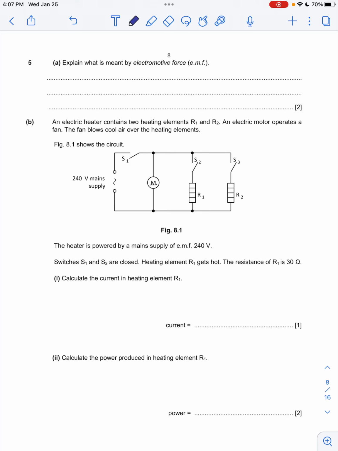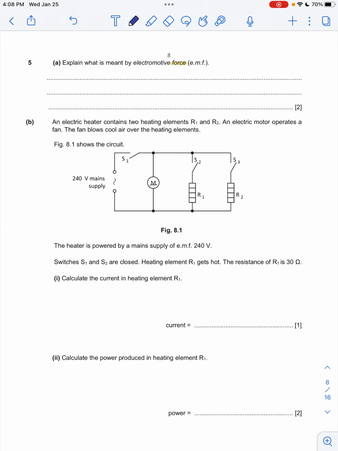Question 5 is all about electricity and circuits and understanding different elements and properties of circuits, starting with what is meant by the electromotive force. The most important thing to remember when dealing with EMF is that the word force is deceptive.